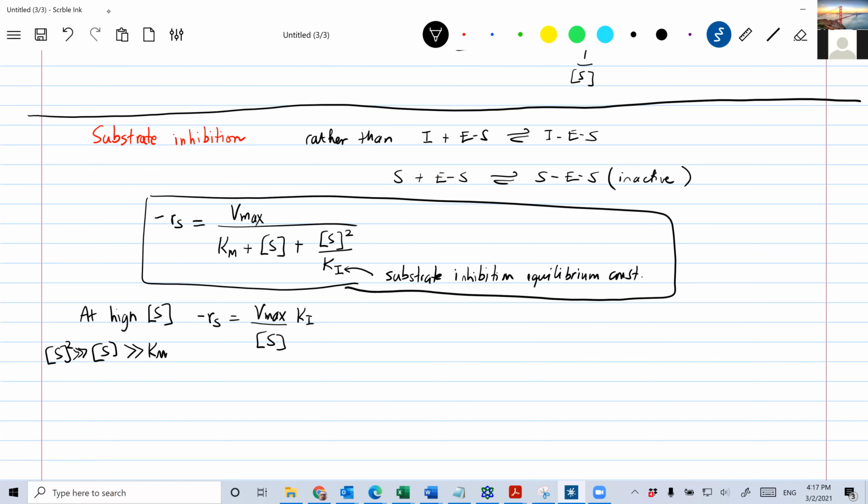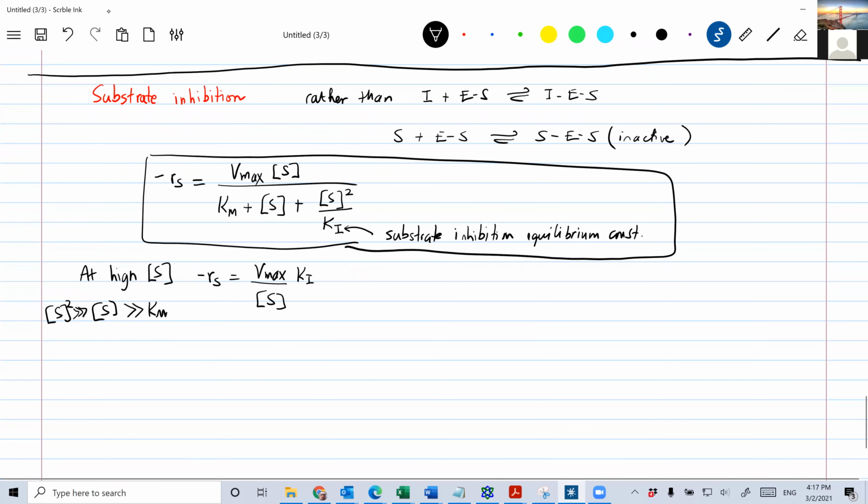So you get this form. Oh, there is an S here, I forgot that. Yeah, so you get this form of the equation. And then if you have low substrate concentration, you get what you had before, which is Vmax times S over Km.